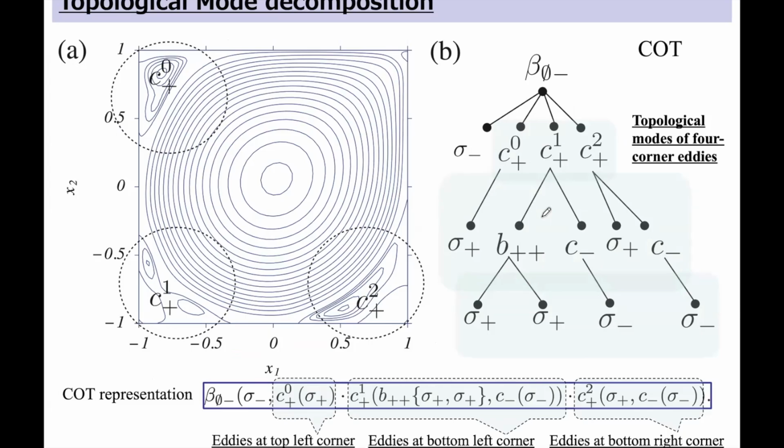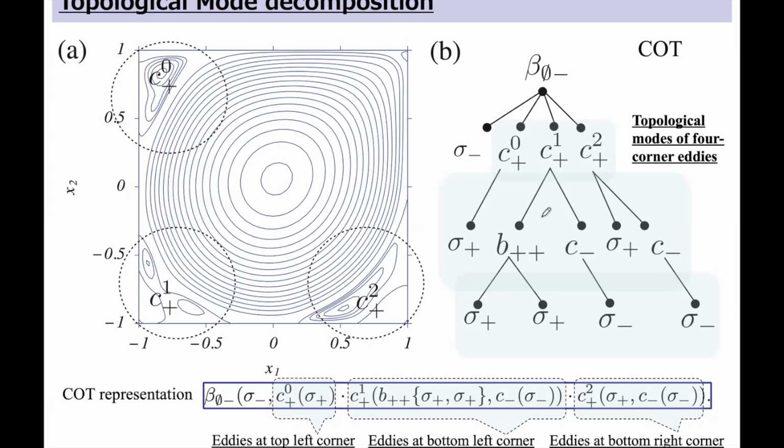In a similar manner, C plus 1 and its subgraph structure can represent the topological orbit structure for the corner at the left bottom. In that sense, for each corner, this structure can be converted and regarded as a graph structure, a topological mode. So we can regard this COT representation as a mode decomposition associated with the local orbit structure.